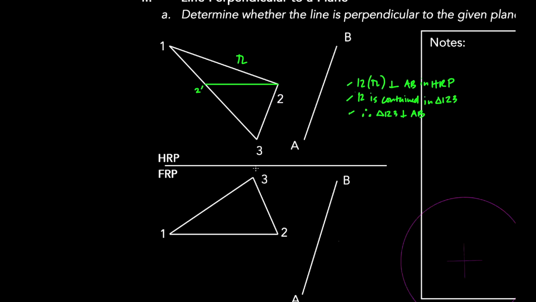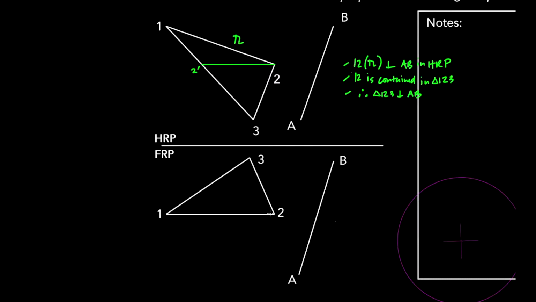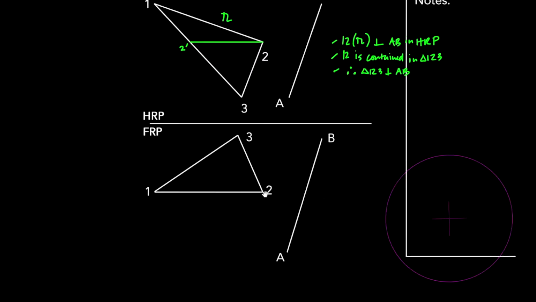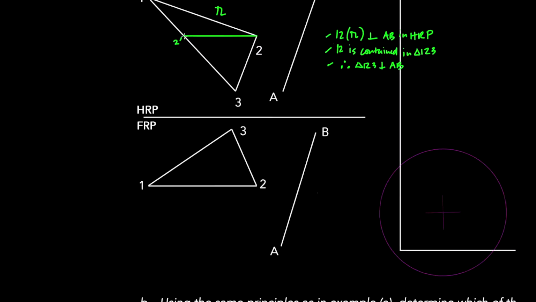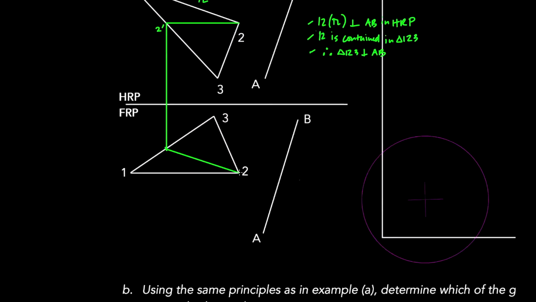Then itong 2, 2 prime na to, should be true length dito sa FRP. So if I project it downwards, and itong 2 prime is in between 1, 3, therefore, dapat dito siya pinoproject. Not dito, dito dapat ha. So if I do that, and if I extend it, you'll see na perpendicular siya. Mangit yung ginawa ko.